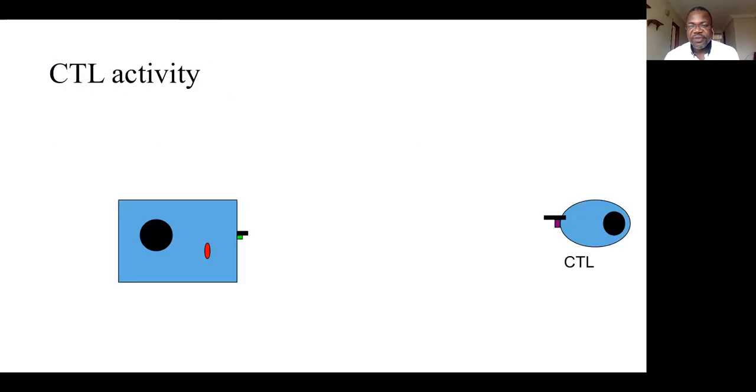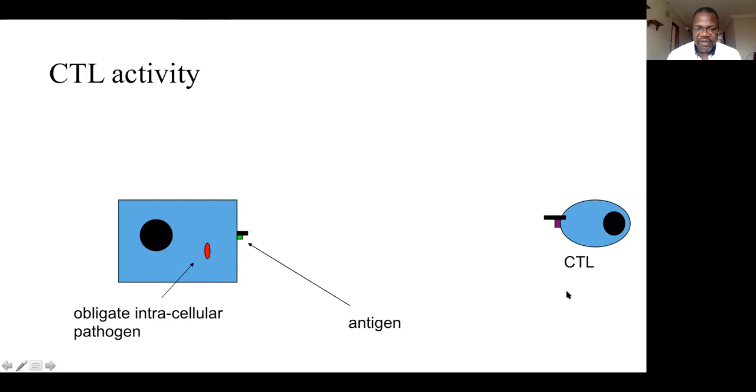So this is your cell that is invaded by the bacteria, and here you have an intracellular bacteria. That intracellular bacteria can be either an obligate intracellular pathogen, for it to be really killed, or if it's facultative, it can escape the process. So if it's an obligate intracellular pathogen, then you have the CTL activity. This is the antigen.